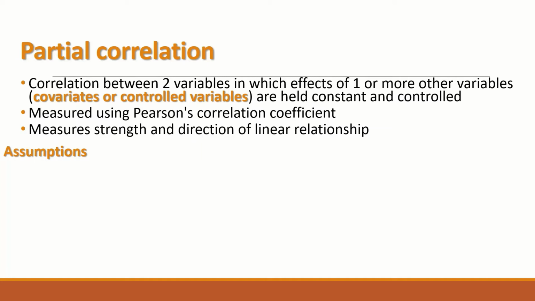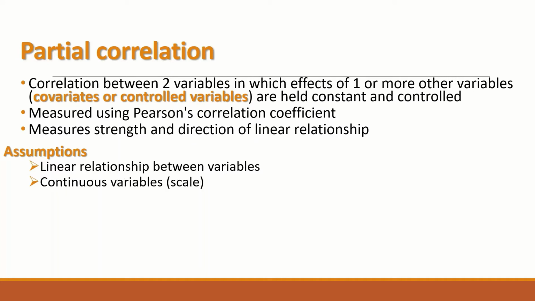To do the partial correlation coefficient test, the data has to fulfill certain criteria and assumptions. There should be a linear relationship between the two variables and between all variables. So you have to have a linear relationship.